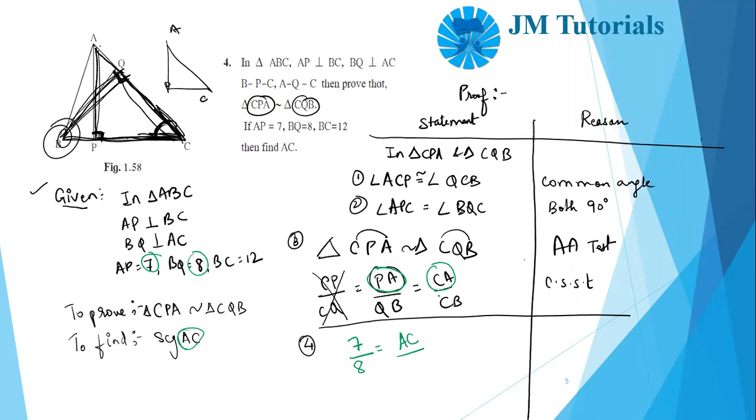And what is BC? BC is 12. So here I go with it.